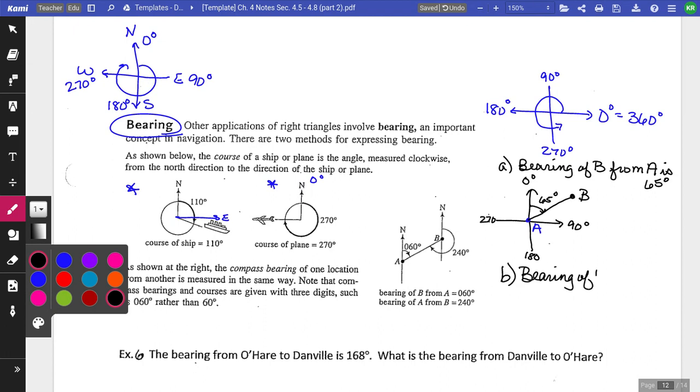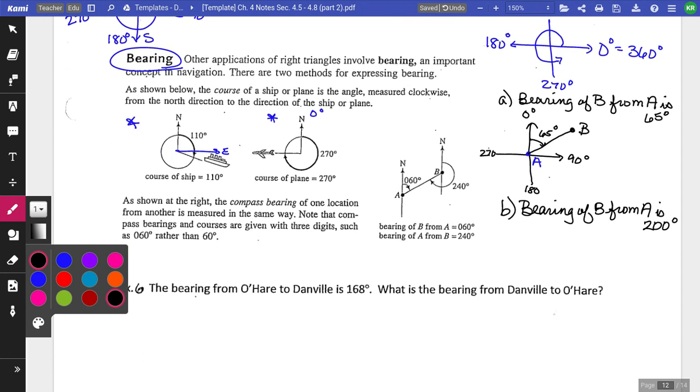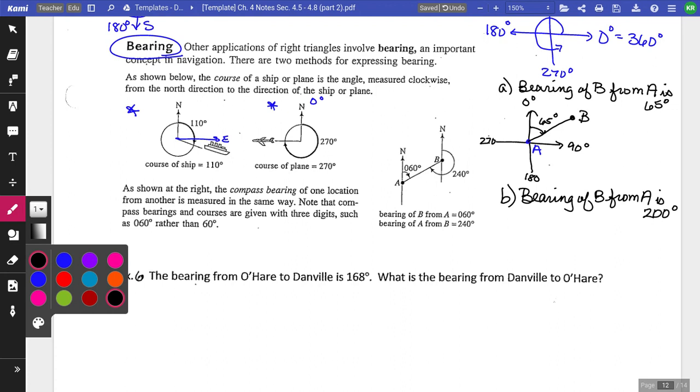Bearing of B from A is 200 degrees. Okay, so same kind of thing. Move down here. So from A, you are starting at A. Okay, so here's A. Again, north is 0 degrees. East is 90 degrees.